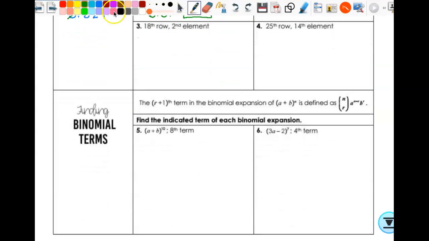So 18th row, second element, this is going to be 18 taken 2 at a time. So that's the same thing as 18C2, which is 18 factorial over 2 factorial, 16 factorial. Everybody understand where all the numbers came from? All right, so when I start to write this out, I'm going to make the numerator part match that 16.